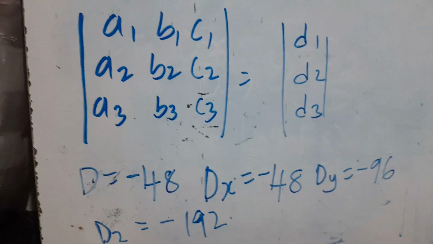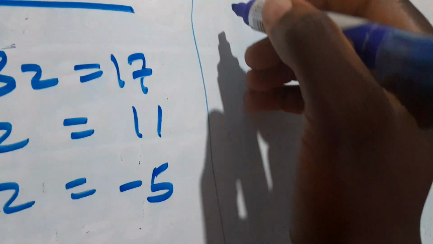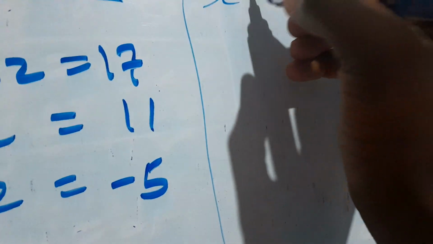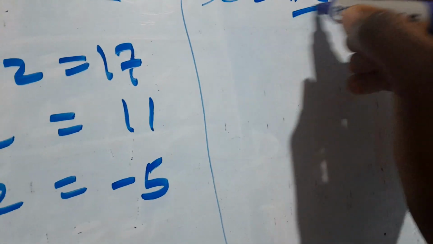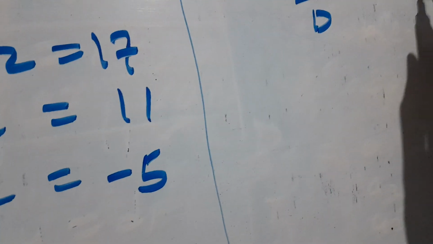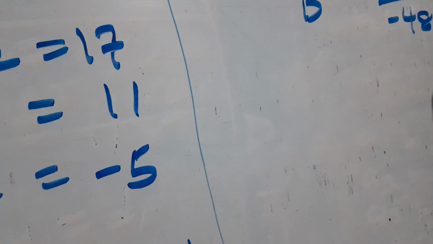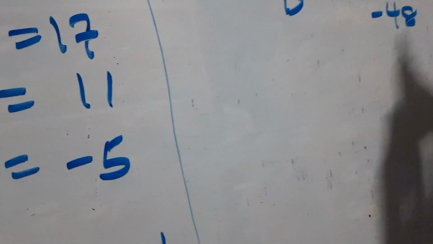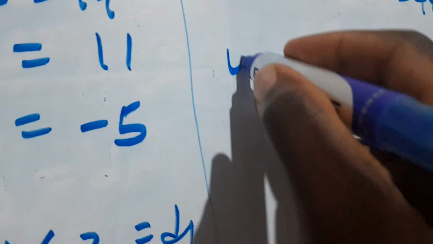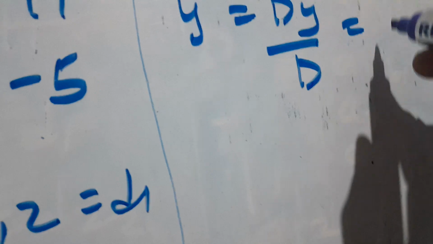Let's go ahead and find the value of x, y, z. The value of x is dx over d. We found out that dx was negative 48. We found out that d was also negative 48, and therefore the value of x is 1. The value of y is dy over d. What was our dy?